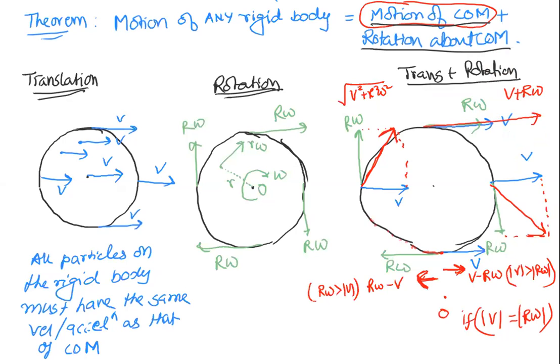The center of the object will have zero velocity due to rotation, v due to translation, and therefore the net velocity of the center of mass. Finally, I want to look at this point. So this point has a velocity r omega due to rotation, and it has a velocity v due to translation. So the net velocity of this point will be like this.